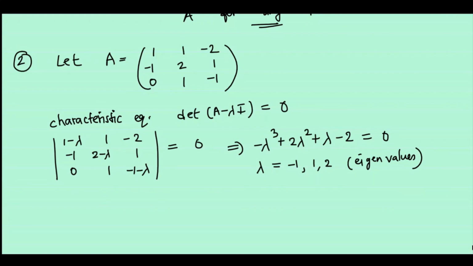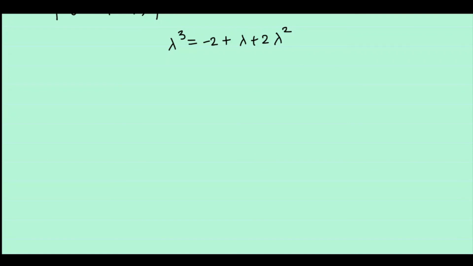So from the characteristic equation, we will get lambda cube is equal to minus 2 plus lambda plus 2 lambda square. Lambda raised to m is C0 plus C1 lambda plus C2 lambda square as the general form.